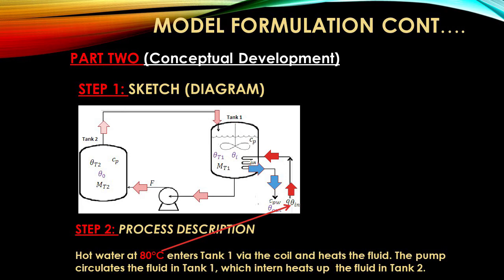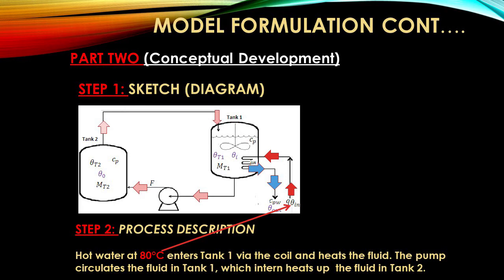And then the second step is to provide a process description. You describe the process, see what's happening. What's happening is quite simple. You've got hot water entering through the coil. It gives its heat to the product, and leaves as cold water.